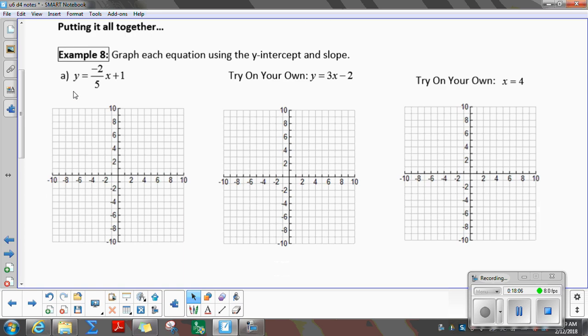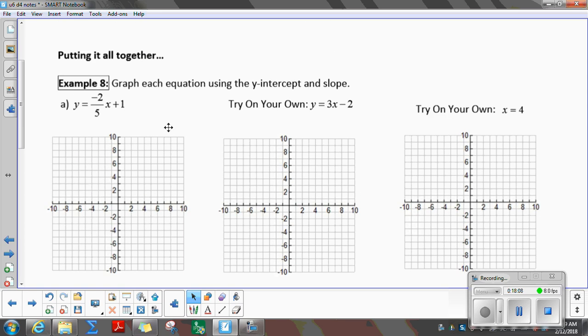So let's do this last example, where we just have to graph the equation again. So again, we're just going to use the y-intercept and the slope. So here is my y-intercept. I'm going to plot that point first of 1, so that's right here. And then this guy is my slope, so I'm going to plot that next. So that means it's -2/5. I can go down 2 and to the right 5, because that would be -2 over +5.